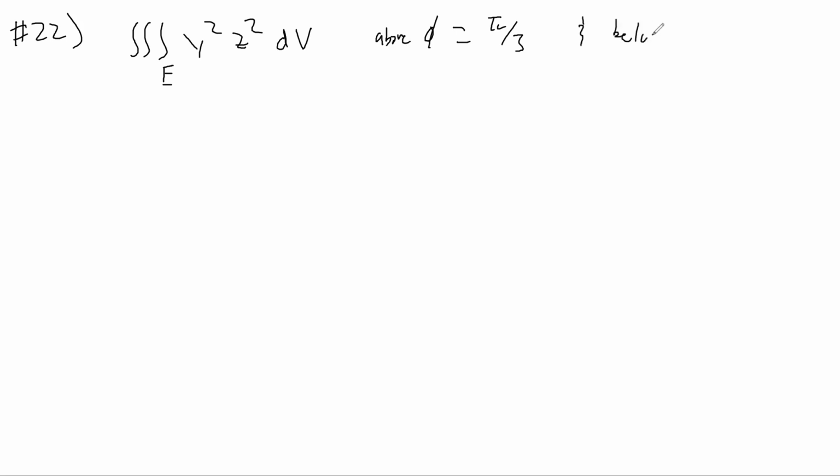So we start off with the triple integral over E of y squared z squared dv, where E lies above the cone phi equal to pi over 3, and below the sphere rho equal to 1.